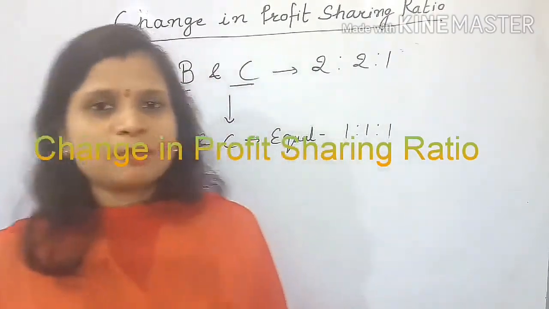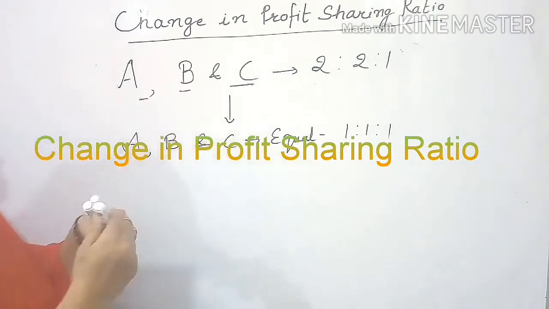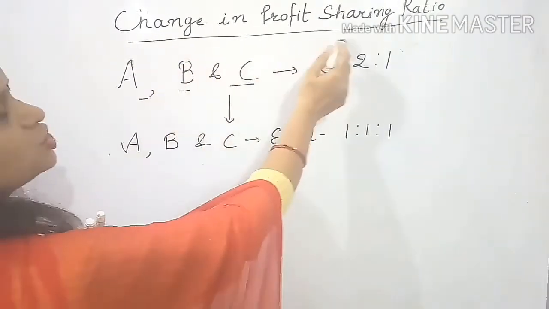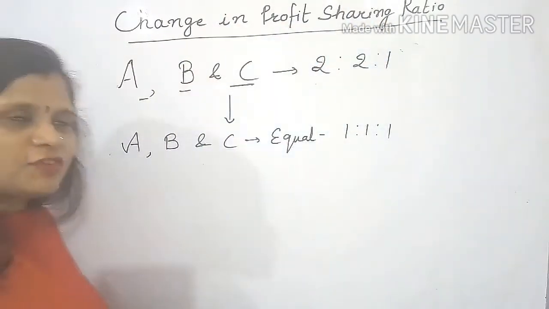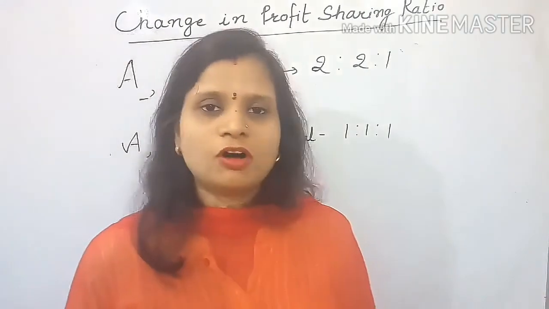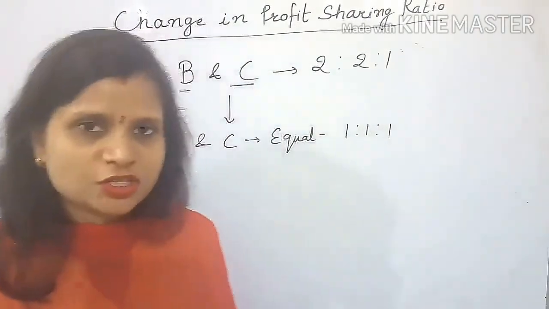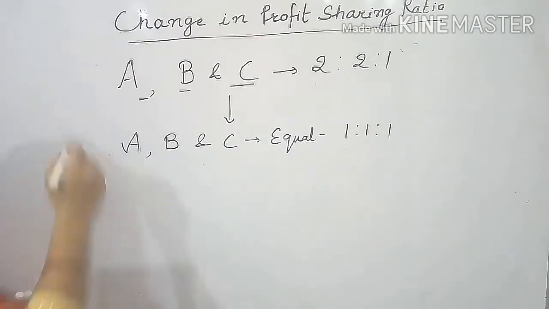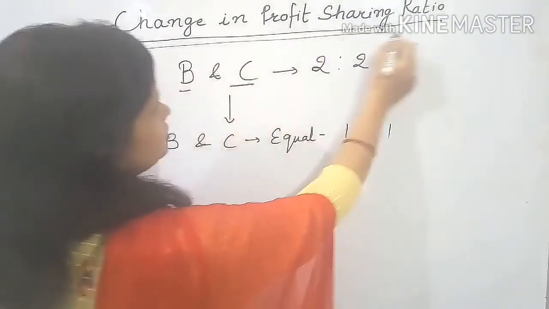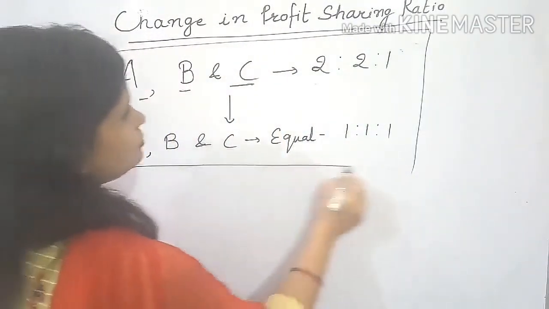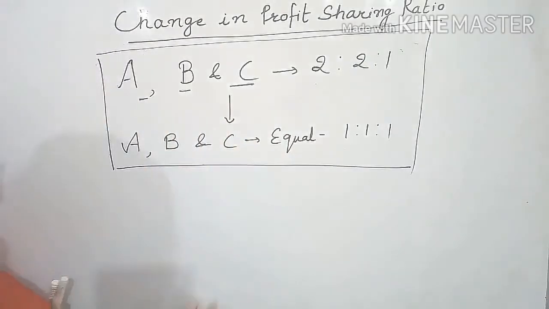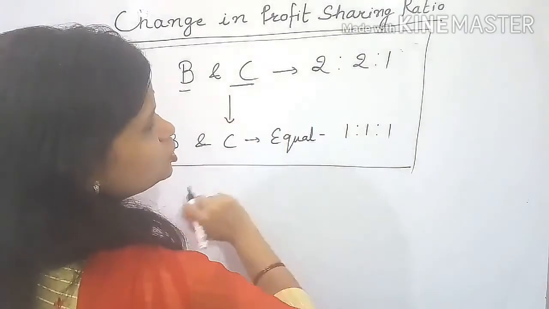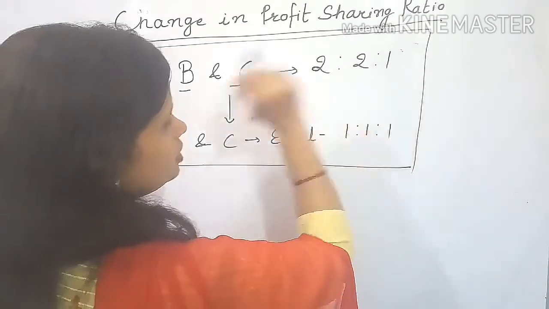Today we will study our next chapter, change in profit sharing ratio. First of all, you must know the meaning of change in profit sharing ratio. Let us take an example. Suppose three partners are there, A, B and C. They are sharing profits in the ratio 2:1.